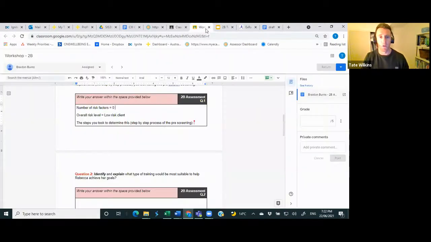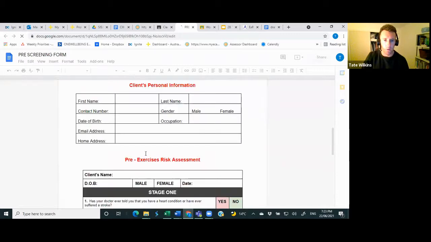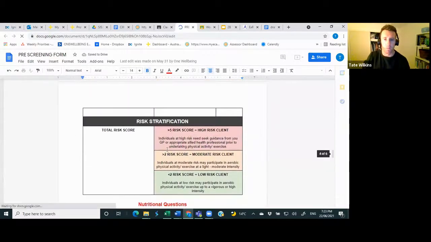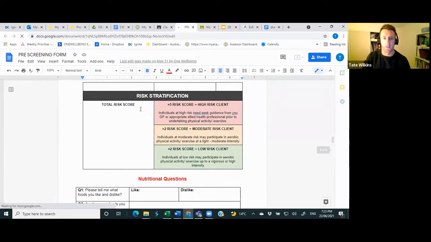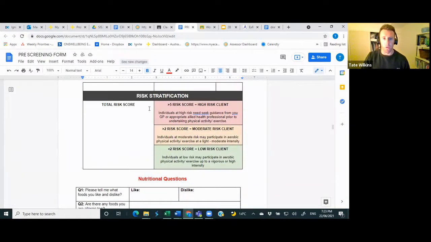So write down: we calculated her risk factors and used the risk stratification tool. Let's get it up so we can see. Yeah, that's it there. So we calculate risk factors, and once we have that, we use it to work out the level.